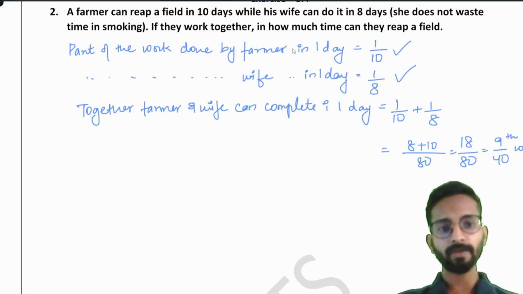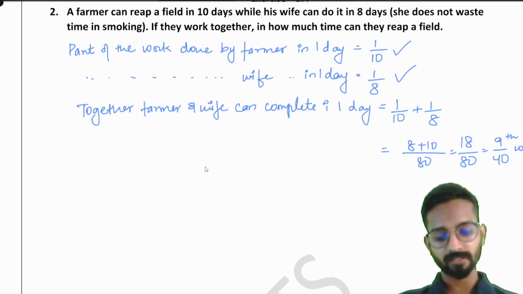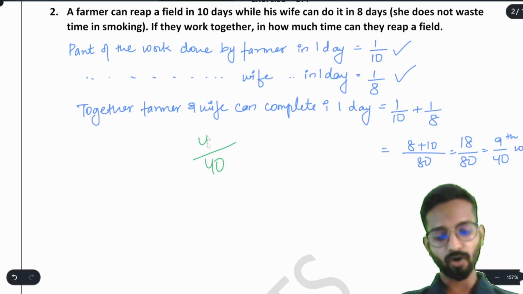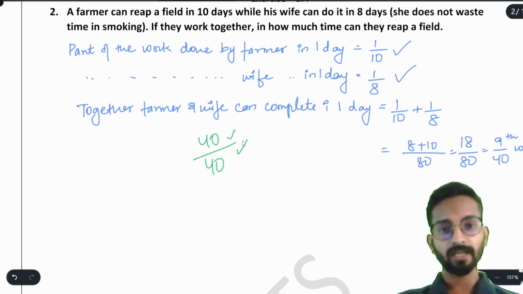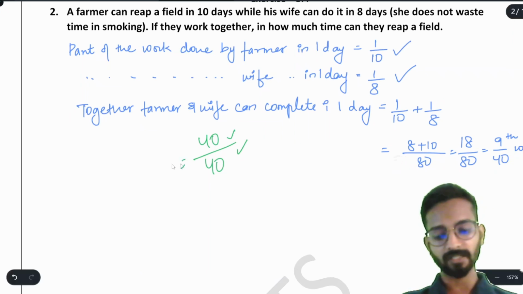To complete any particular work, what does it mean here? That out of 40 things, all 40 they can do. In how much time can they do it? It means I can say it should be 1. To complete a work, the work is always 1.